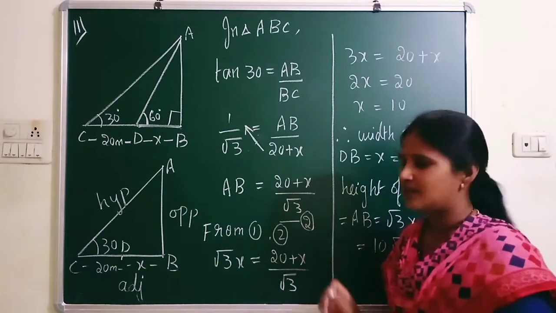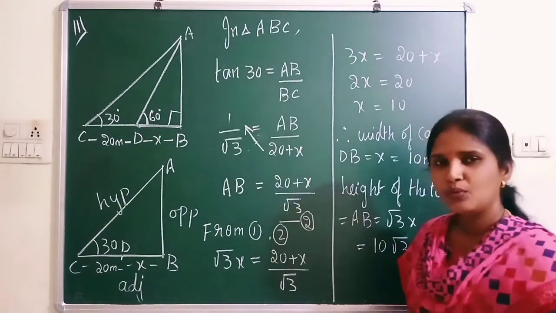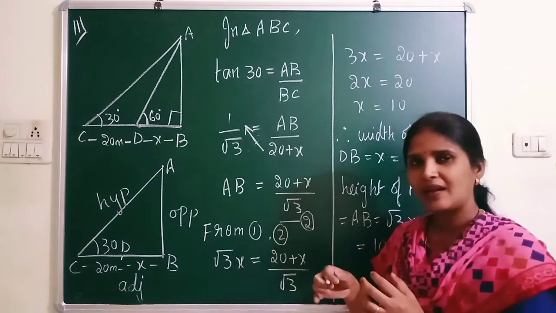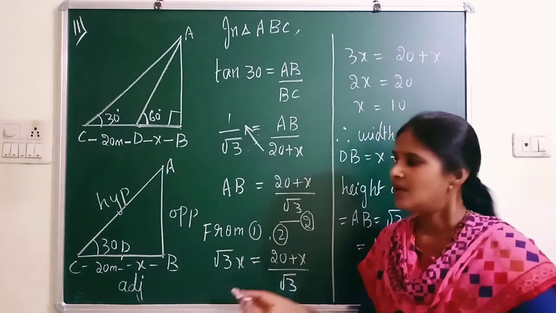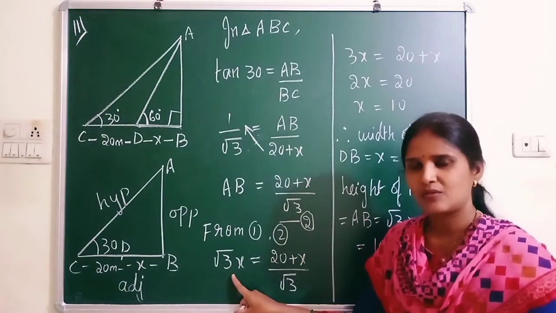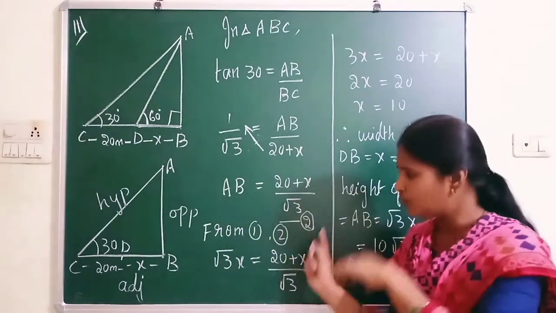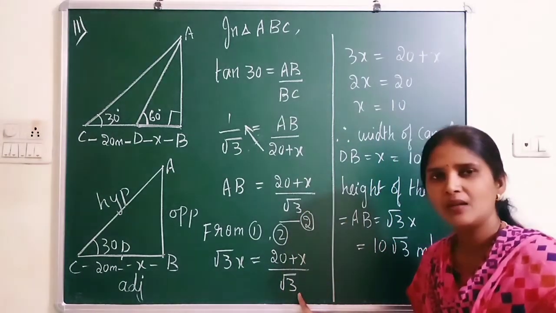Keep it as it is, and take this as equation 2. From 1, we got the value of AB as root 3 x. Now in place of AB, substitute root 3 x. So from 1 and 2, we get root 3 x equals 20 plus x divided by root 3.